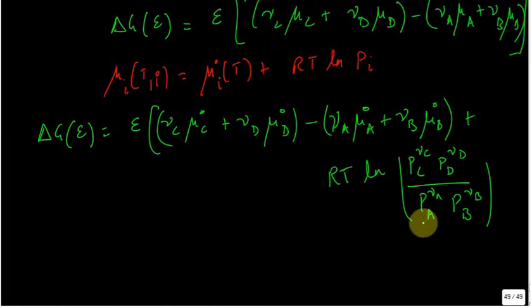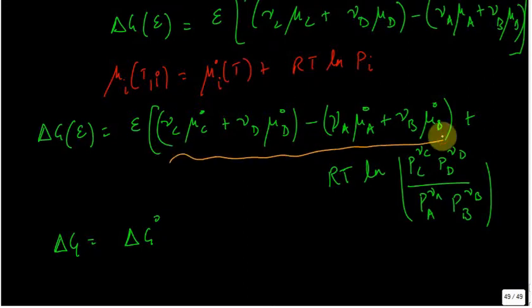Right? Let me say that my extent of reaction is 1. Say epsilon is 1. So then what I get is delta G is equal to delta G naught, which is the first two terms in the bracket, plus RT log Q. Succinctly, I just write it like this.